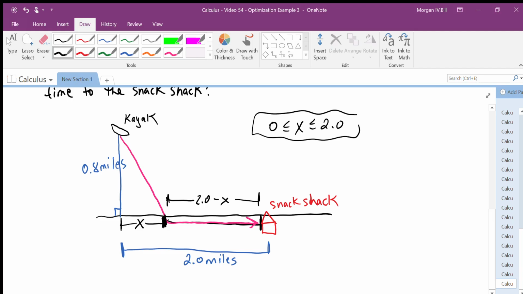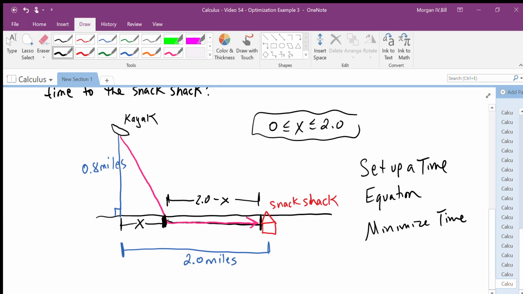That's our constraints. What we want to do is to minimize the amount of time. So we need to set up a time equation. One of the reasons in this case that students get this one wrong is they try to set up a distance equation.